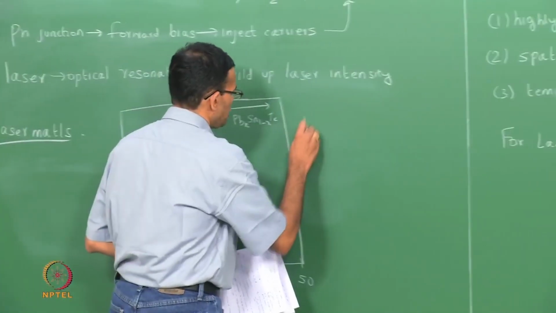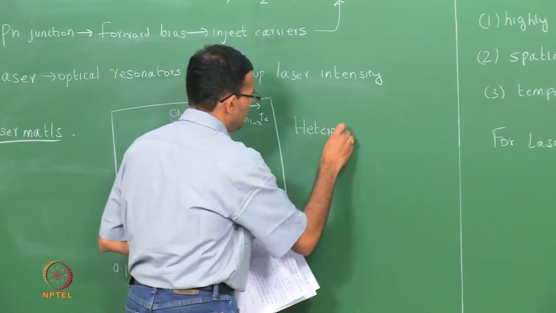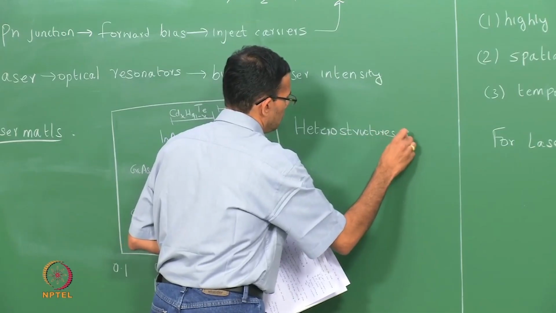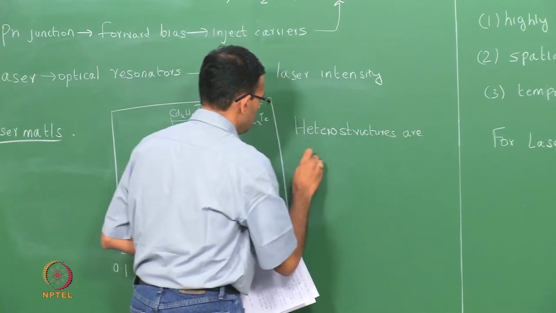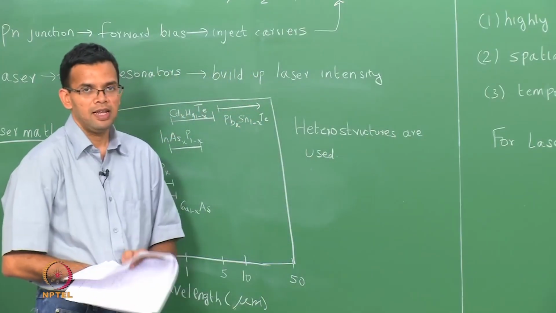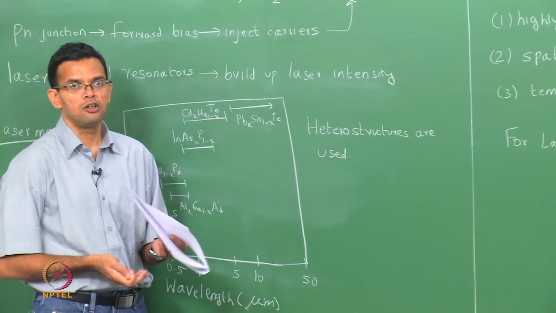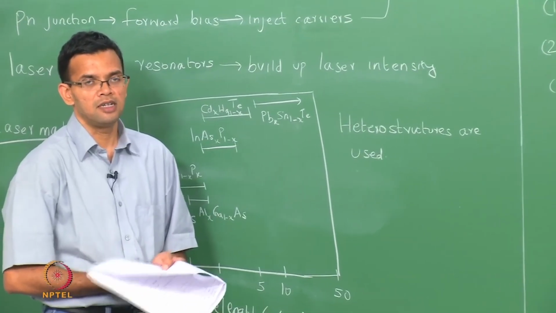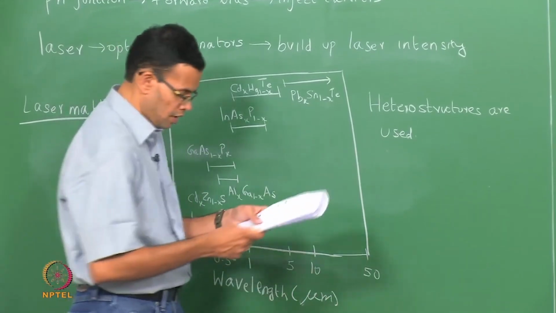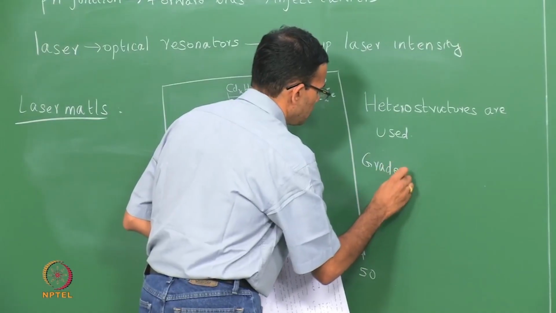Usually heterostructures are used. We saw earlier in the case of LEDs, heterostructure junctions are used in order to concentrate the carriers near the depletion region, and something similar is used here, and we also usually end up having graded compositions.